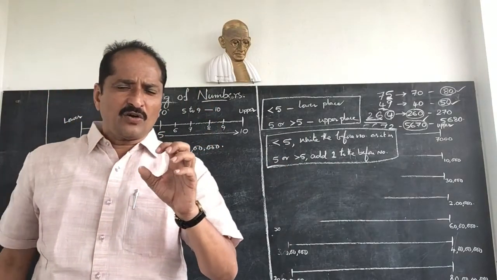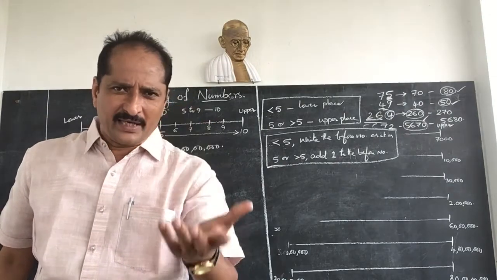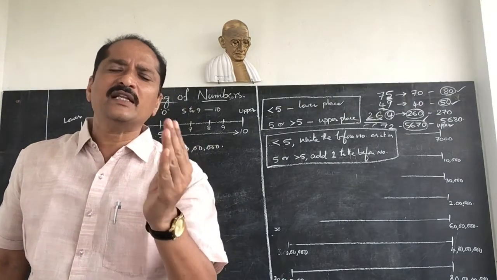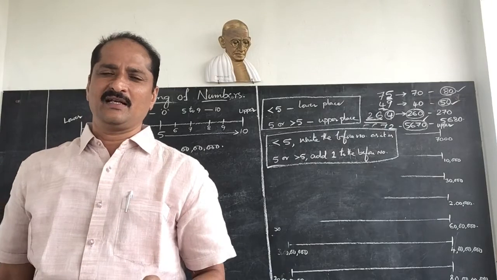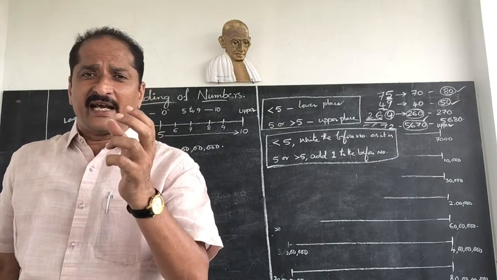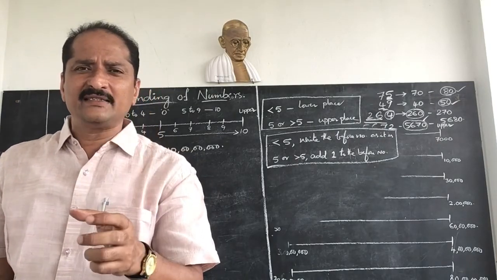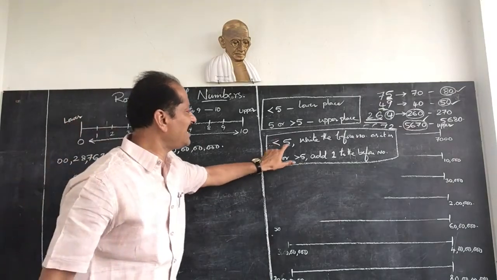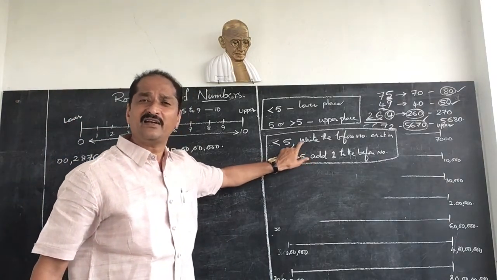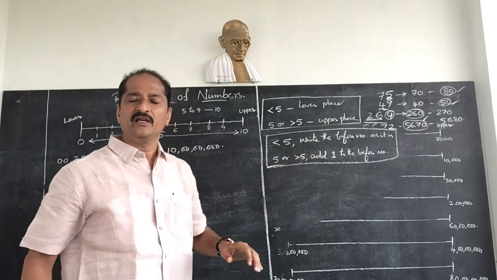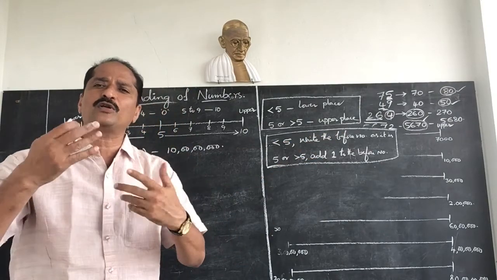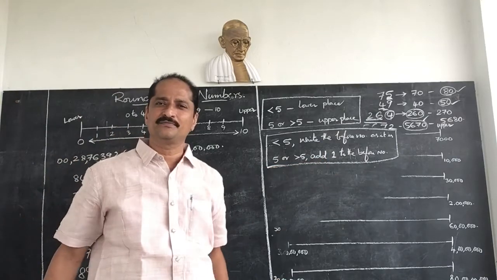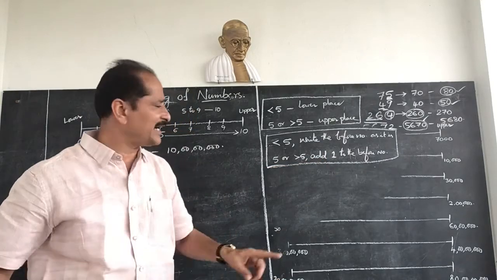If you want to round off this number to any place, we have to see the digit next lower than that place. If it is less than 5, write the before number as it is. If it is 5 or more than 5, what should we do?